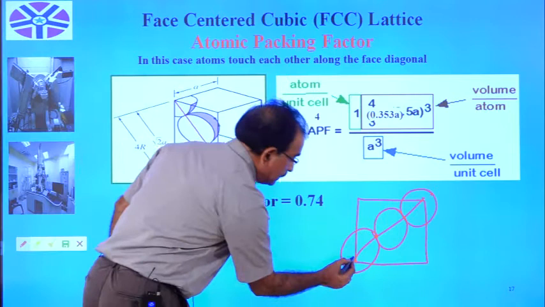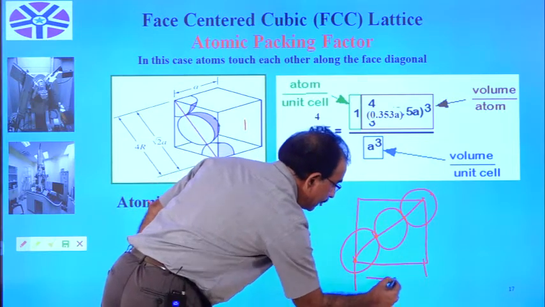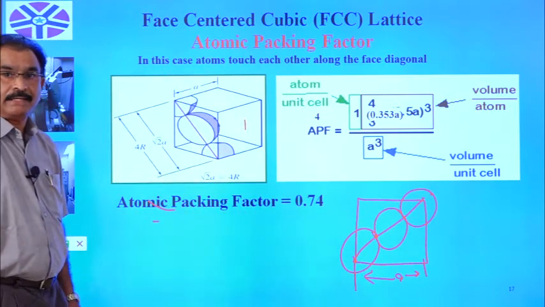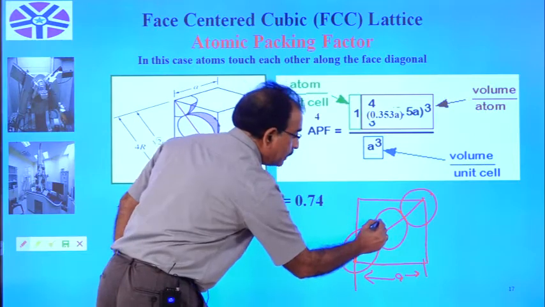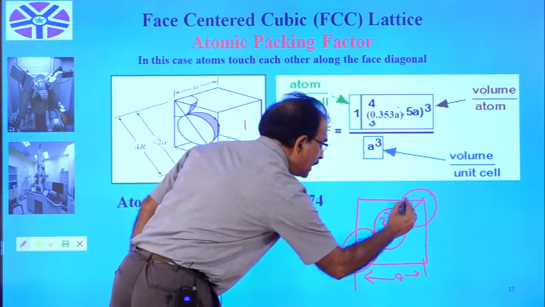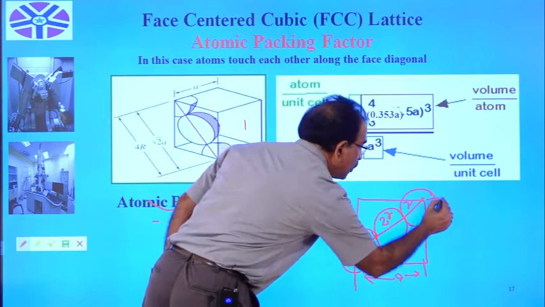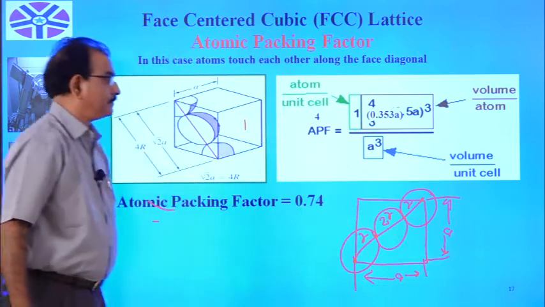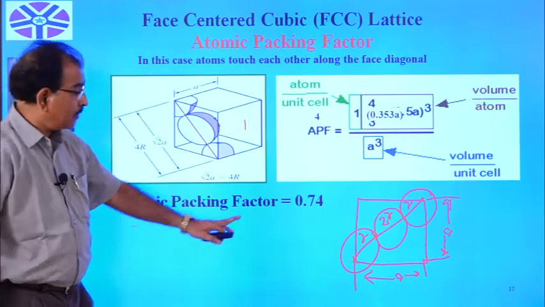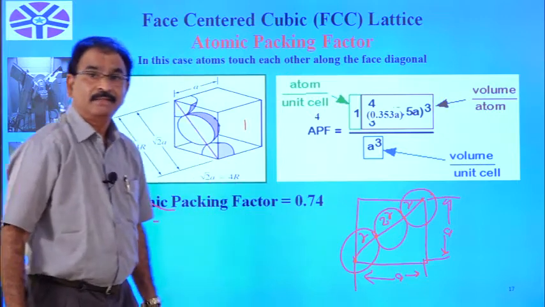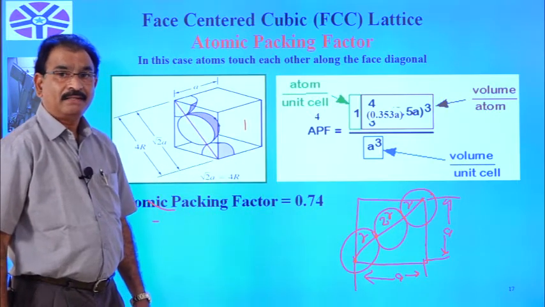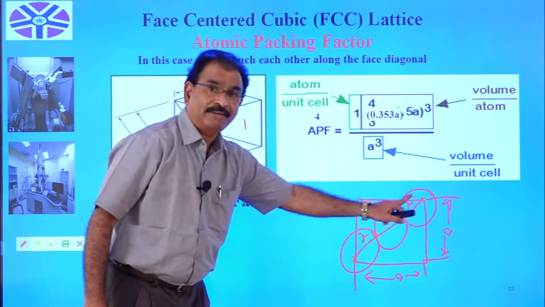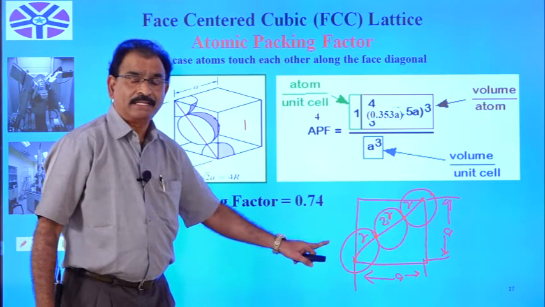And what is this? This is nothing but A, that is edge length or lattice constant A. And what is this distance? This is 2R, R and R. This is also A. So, what is the relation between A and R? Using the simple formula, AB square plus BC square is equal to AC square.